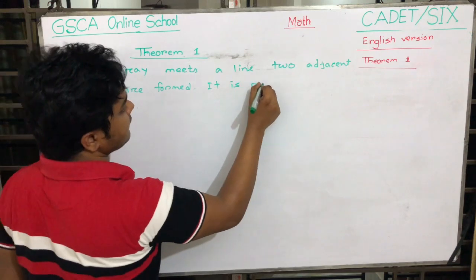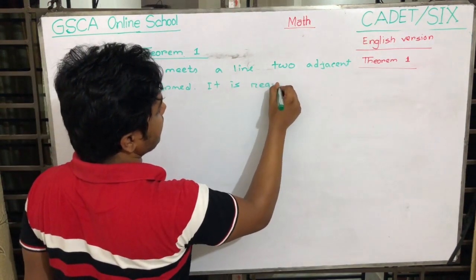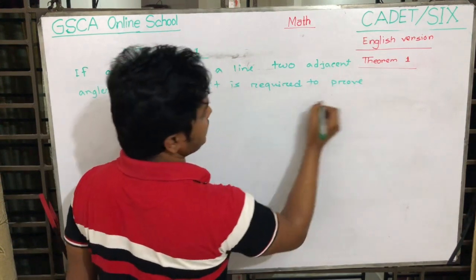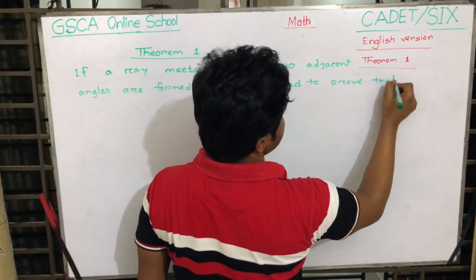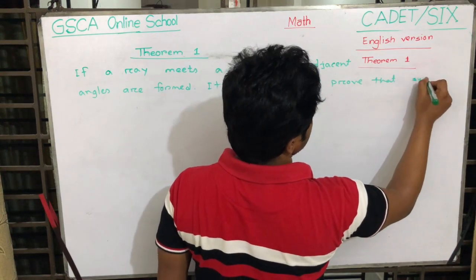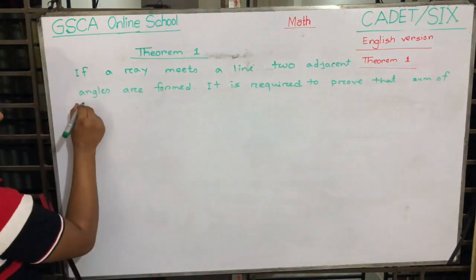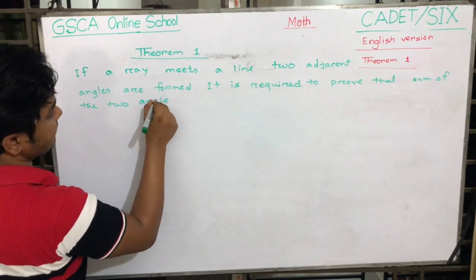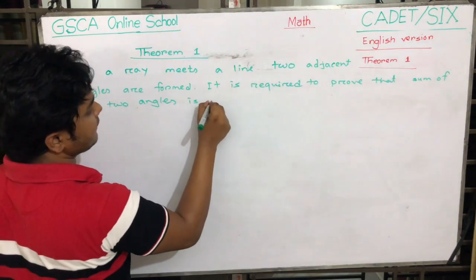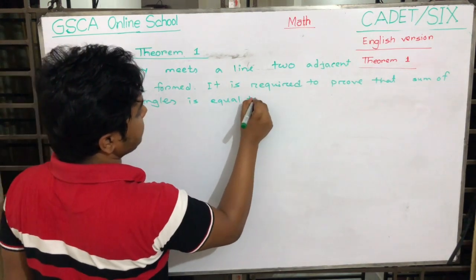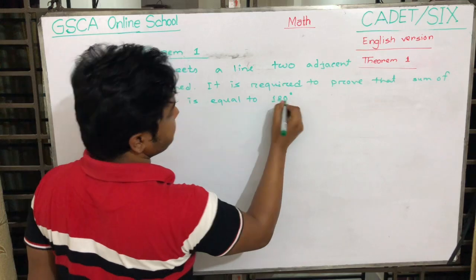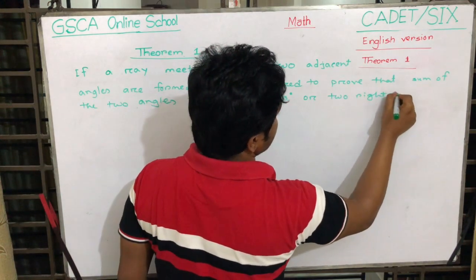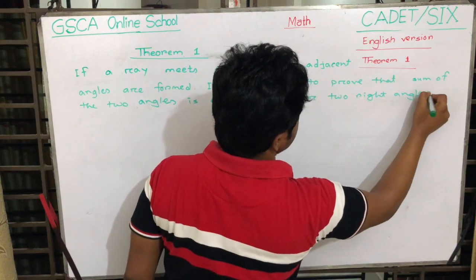It is required to prove that the sum of the two angles is equal to 180 degrees or 2 right angles.